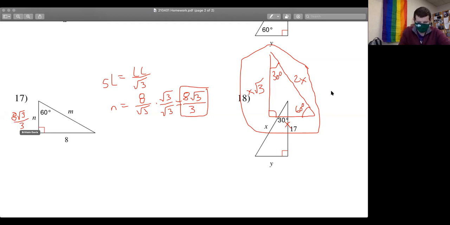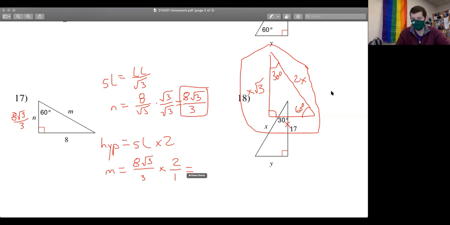And to get the hypotenuse, I have to take the short leg and multiply by 2. So that's going to be m equals 8 square root of 3 over 3 times 2 over 1. Again, I'm doing that same trick, just turning it into a fraction. It's over 3.